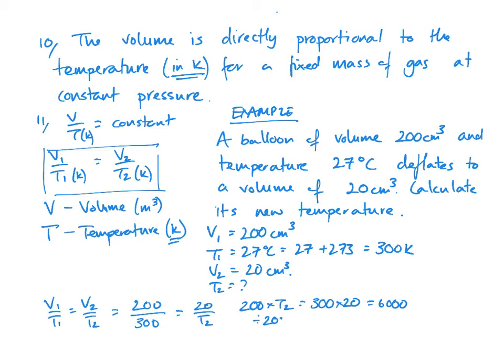Divide both sides by 200, and we get that T2, 6,000 divided by 300, is 30 Kelvin. And we can leave it at that.